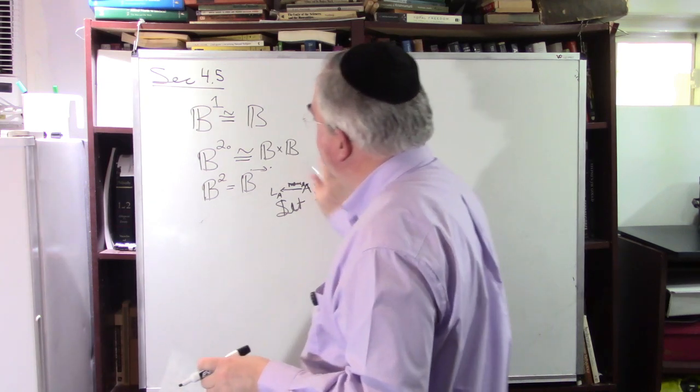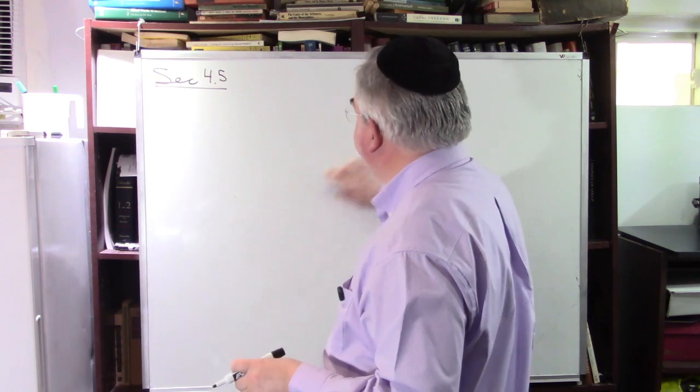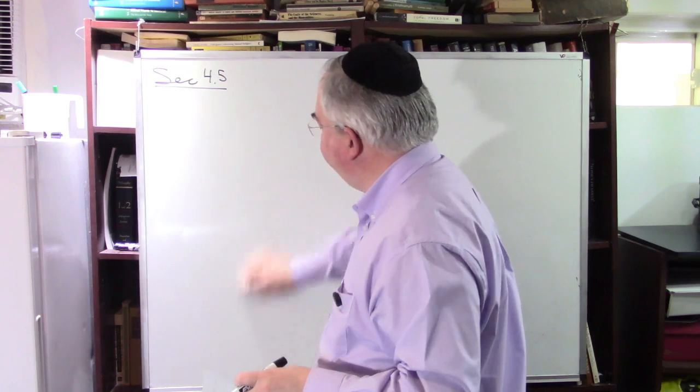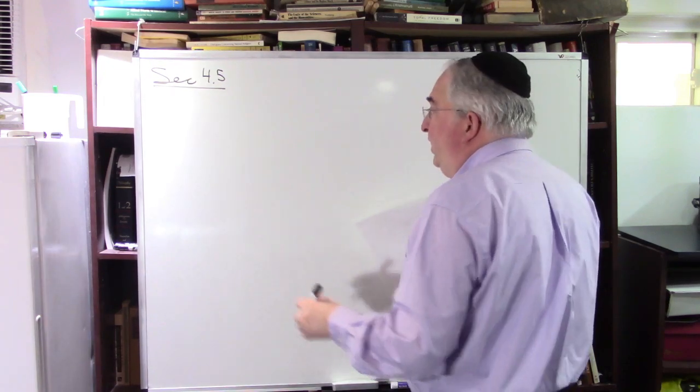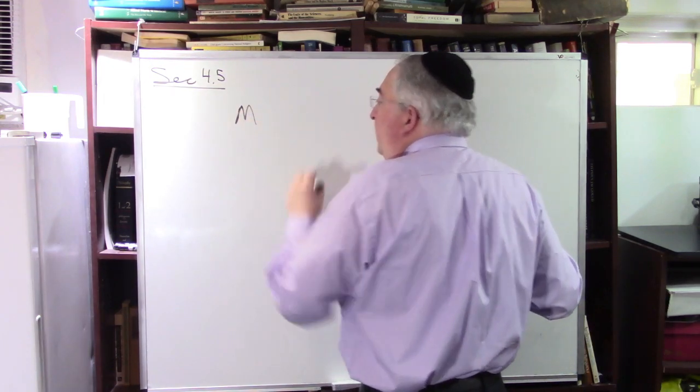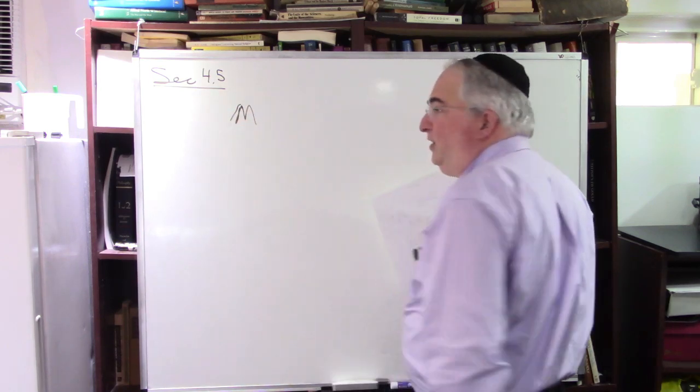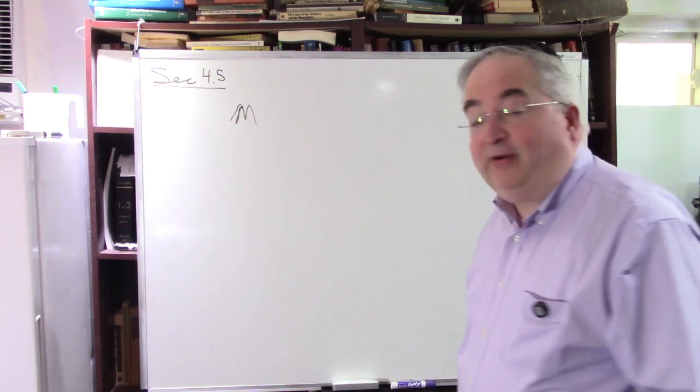So we need a little bit more room. Take M. M is a one-object category, which is thought of as a monoid.